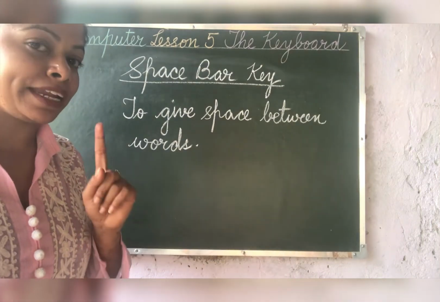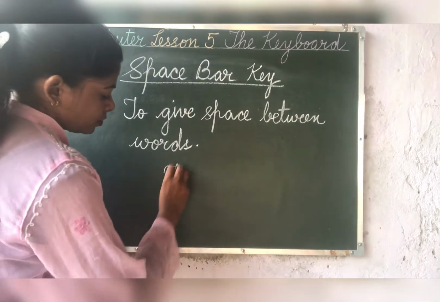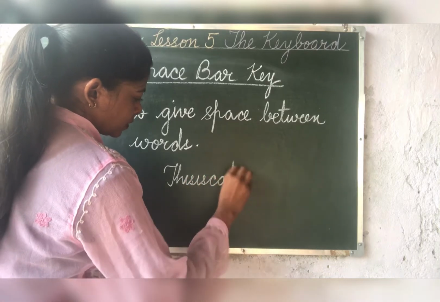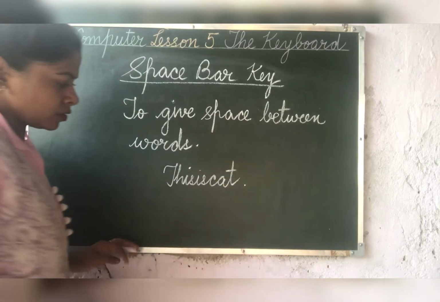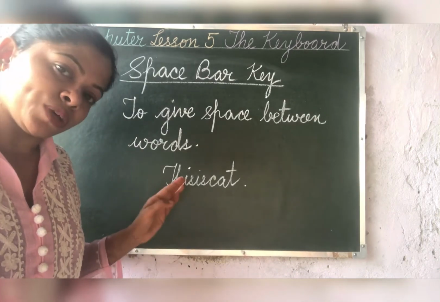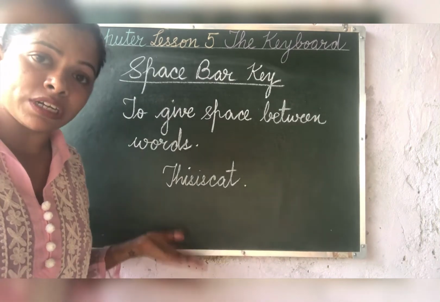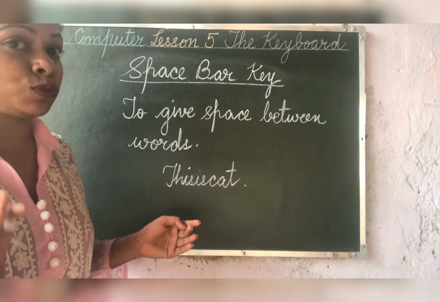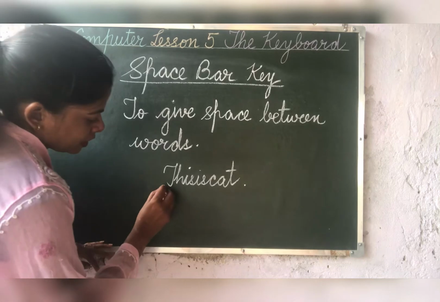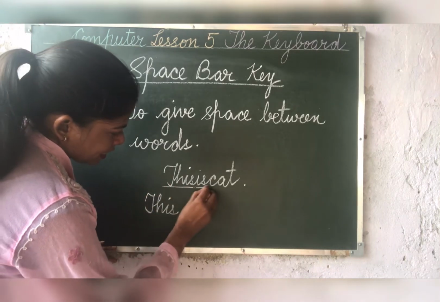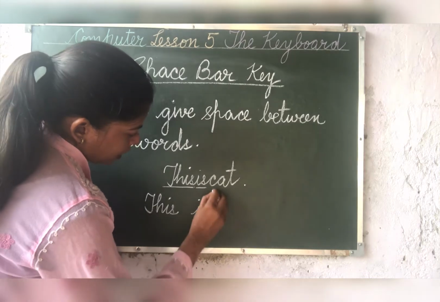Now children, I am writing one sentence. What is written here children? You can see what is written, but can you make out what it says? No. But children, now if I give a space between the words, this is one word, this is the second word, and this is the third word.